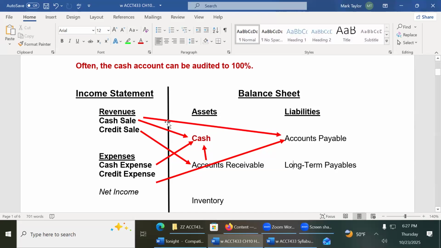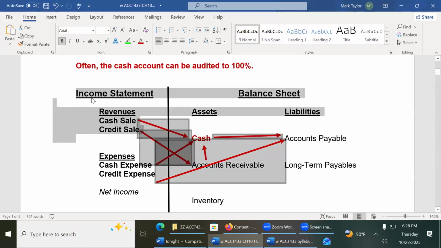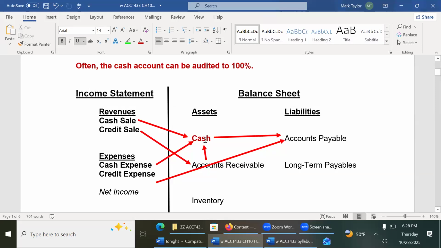I did that wrong. Don't look at what I'm doing. Stop looking at it. Okay, there we go. Eventually, the cash has to pay off those accounts payable. So basically everything on this income statement can be verified going through cash.